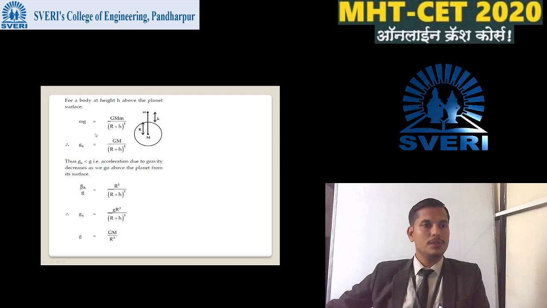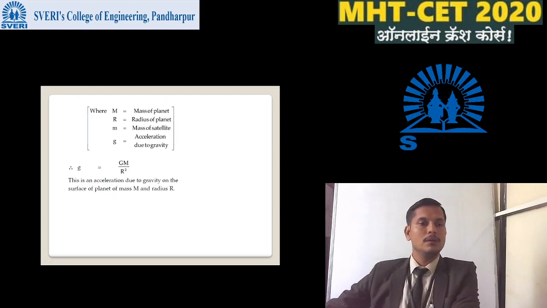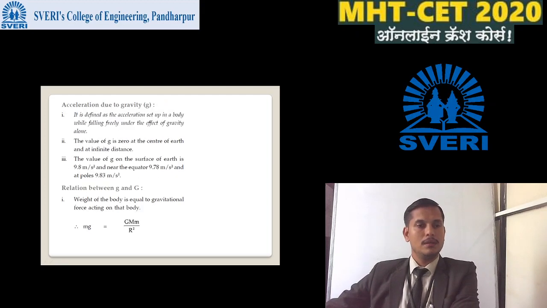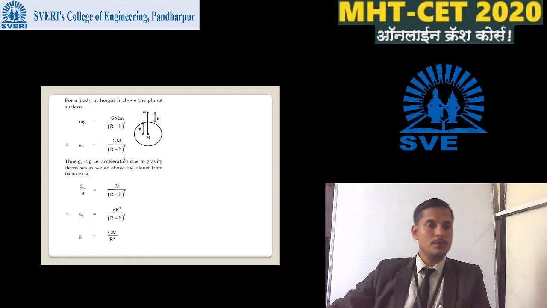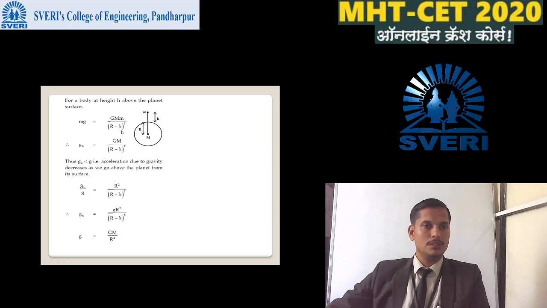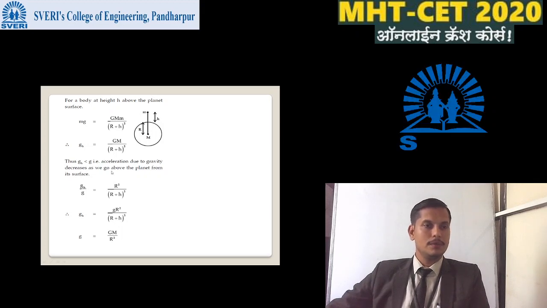So it is given by the equation mg is equal to GMm upon (R plus h) squared. यामध्ये चेंज काय झाला, मागचं जर इक्वेशन आपण बघितलं तर या इक्वेशनमध्ये आपण काय चेंज केला, तर डिनोमिनेटरला रेडियस प्लस ती हाईट ऍड होते जी अबाव द प्लॅनेट सरफेस आहे. नेक्स्ट जर आपण त्याला सॉल्व केलं तर gh is equal to GM upon (R plus h) squared आहे.